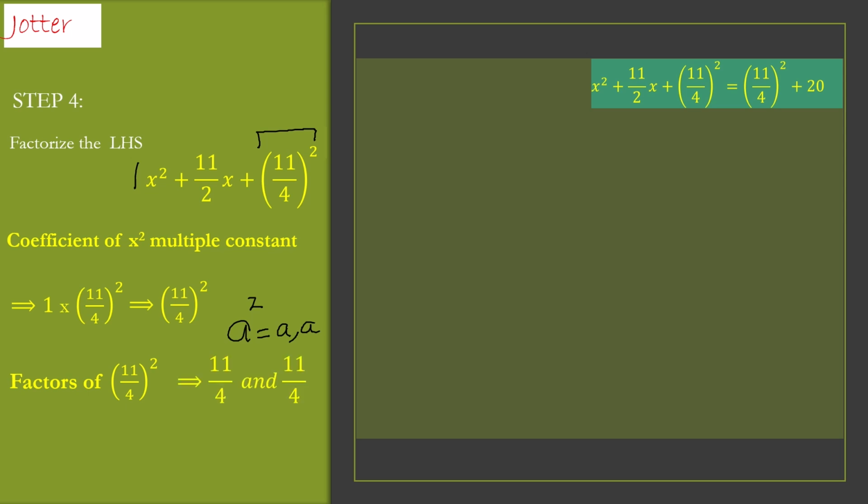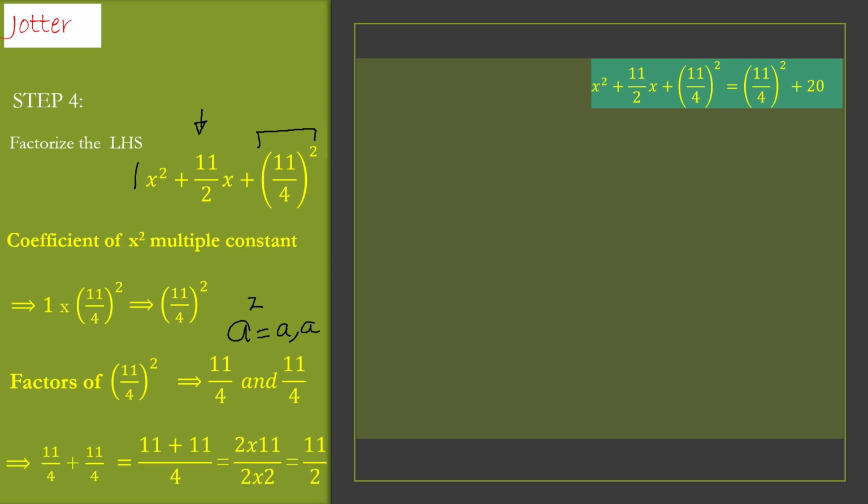We're trying to find these factors in such a way that if we add the factors together or subtract one from the other, we're going to get the coefficient of x here. And so 11 over 4 and 11 over 4, adding them together should give us the 11 over 2.